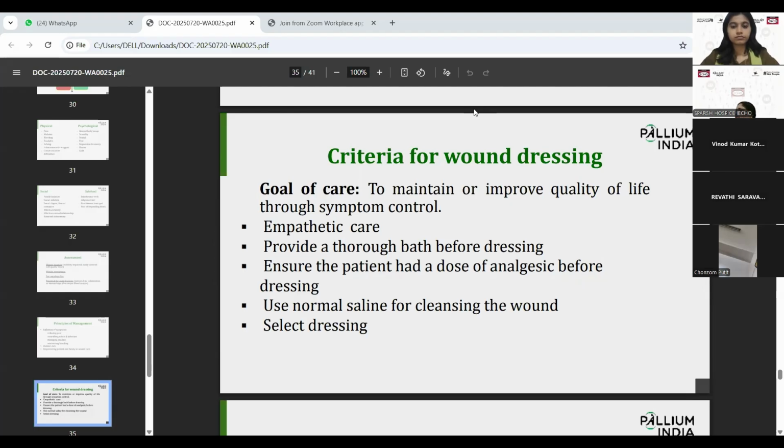If you are going to start the dressing, you have to give the analgesic to reduce the pain. Then only you can give proper dressing care. Then use normal saline for cleaning the wound. You have to select the dressing here.